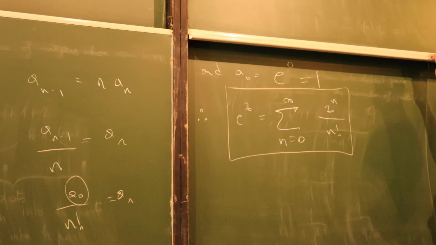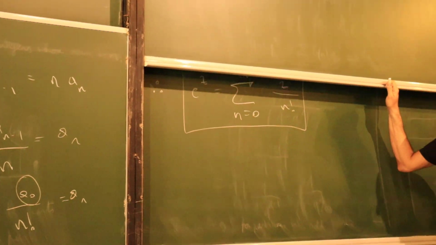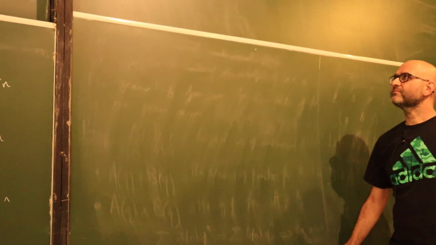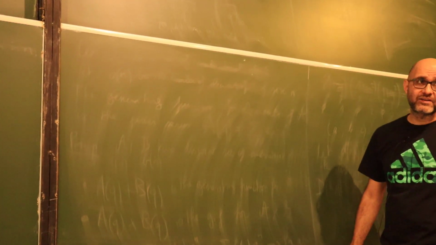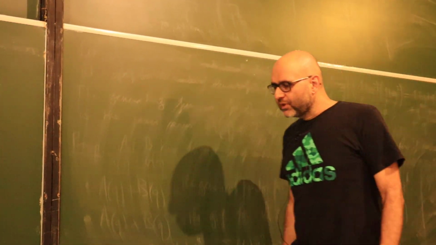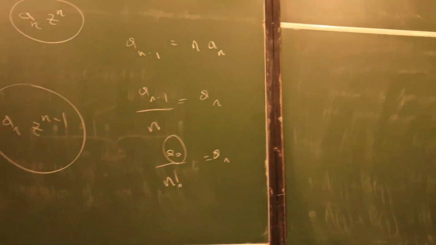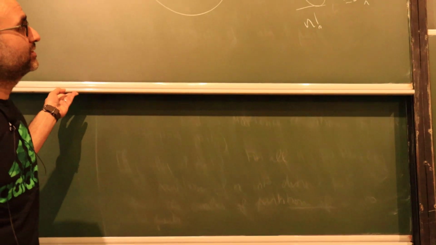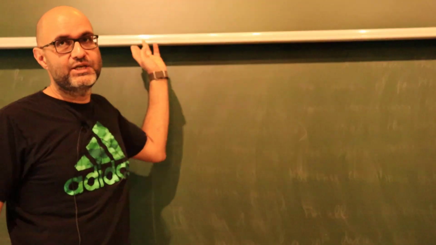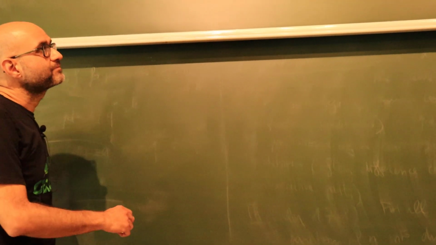Okay. Now we will play the same game in a q setting. And then I will sweep a lot under the rug. Because of time constraints, I will not make all the connections we can make. But if you are interested in this stuff, I can suggest you read some books.